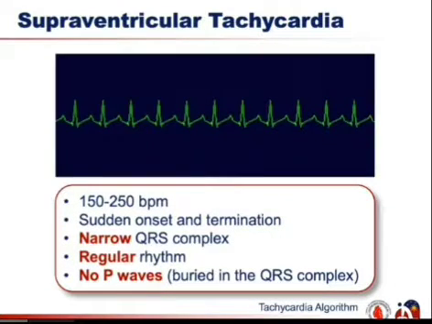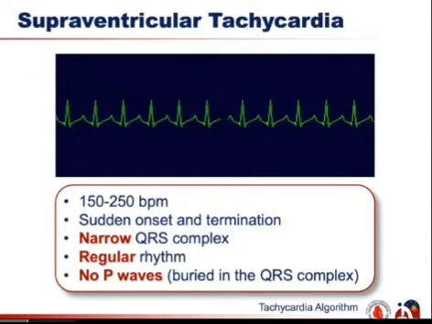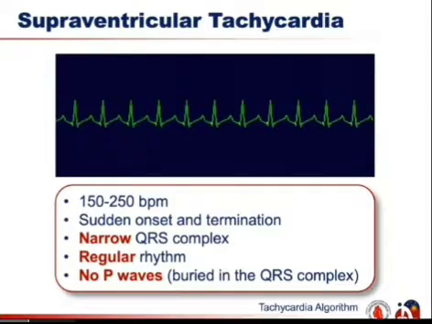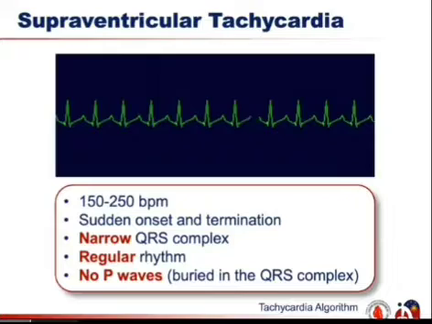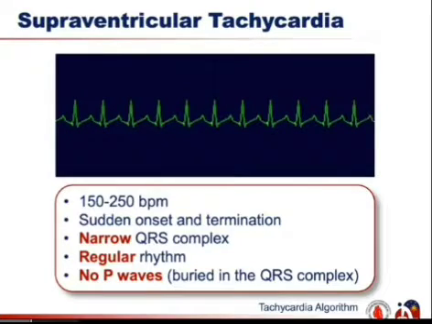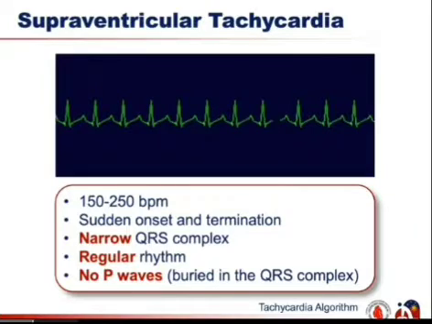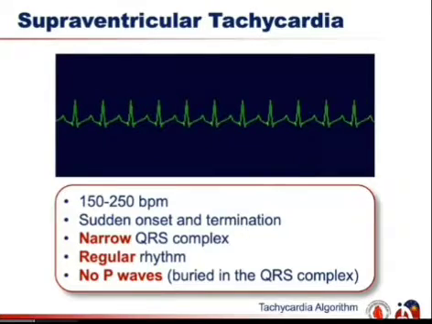Supraventricular tachycardia usually has a rate of 150 to 250 beats per minute, with sudden onset and termination. ECG will show a narrow QRS complex and a regular rhythm with no P waves. These P waves are not really absent, but they're actually buried in the QRS complex.